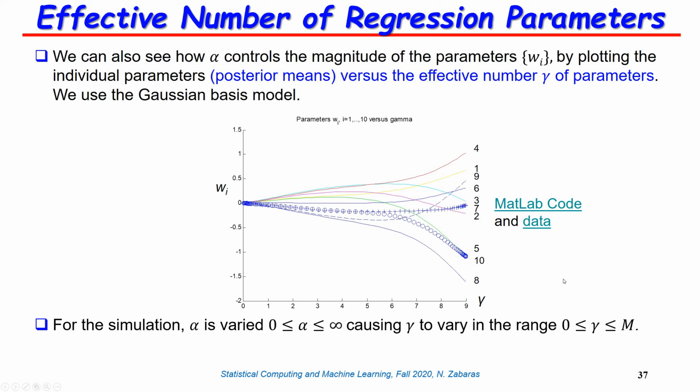So we're plotting the mean of the posteriors of w, computed with different alphas corresponding to different gammas, and you can see how, as gamma varies, the number of parameters goes from all w's being 0 to all w's being non-zero.